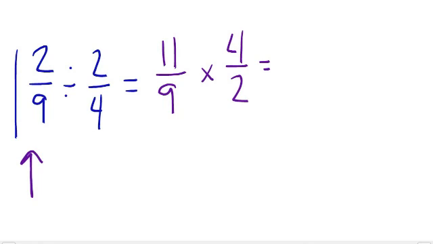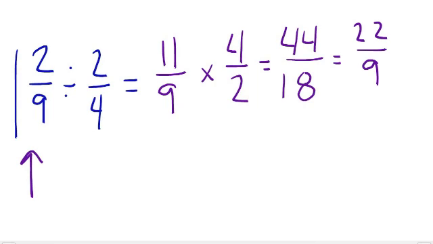So that becomes 44 over 18. 44 and 18 share a factor of 2, so that would be 22/9. Then from there we simplify it to make a mixed number. 9 goes into 22 twice, and we would have 4 left over. So it would be 2 and 4/9.